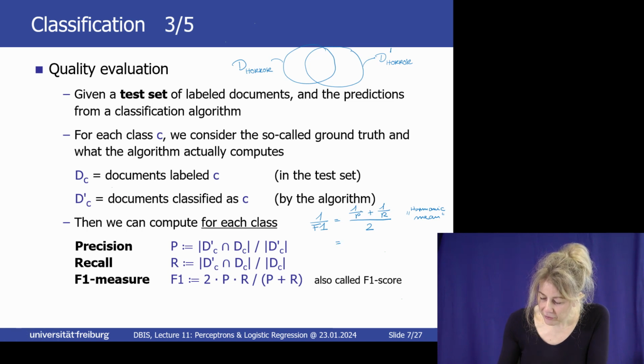If I multiply this by p and r, I can do the following. 1 over p plus 1 over r.